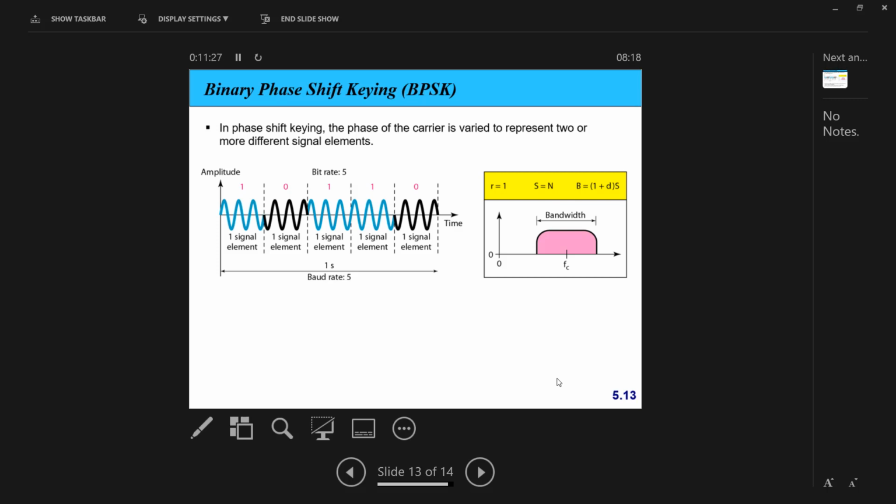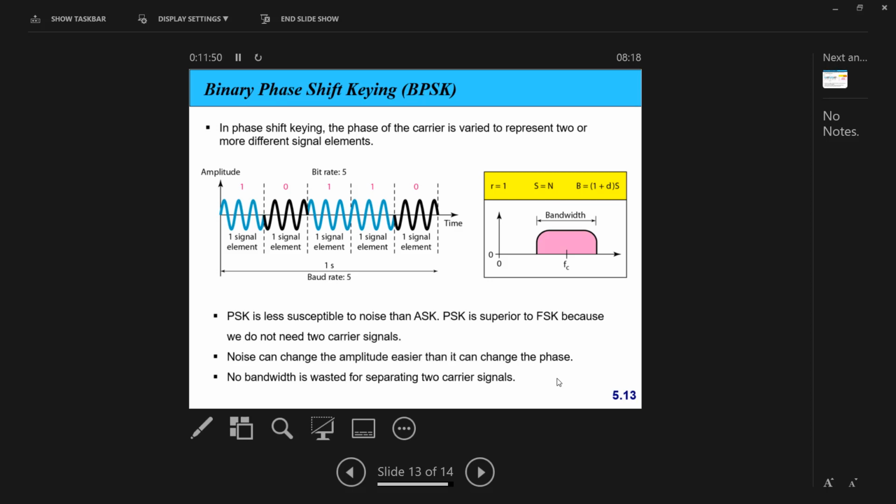Right. Does it solve the problem of binary FSK, which is large bandwidth? Yes, because we still have 1 plus D times S, so we return to the same bandwidth as the amplitude shift key. So phase shift key solves the two problems of the amplitude shift key and the frequency shift key and takes the advantage from both.